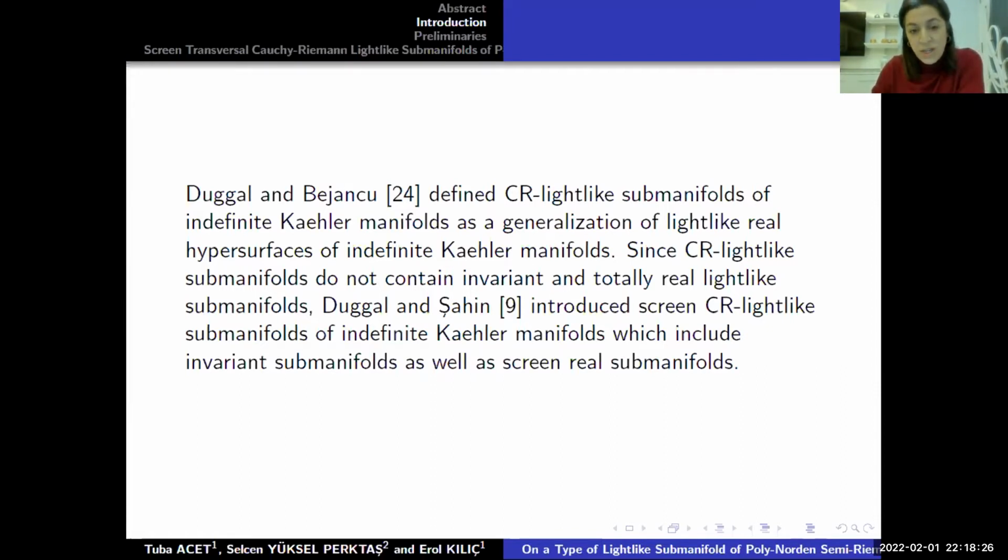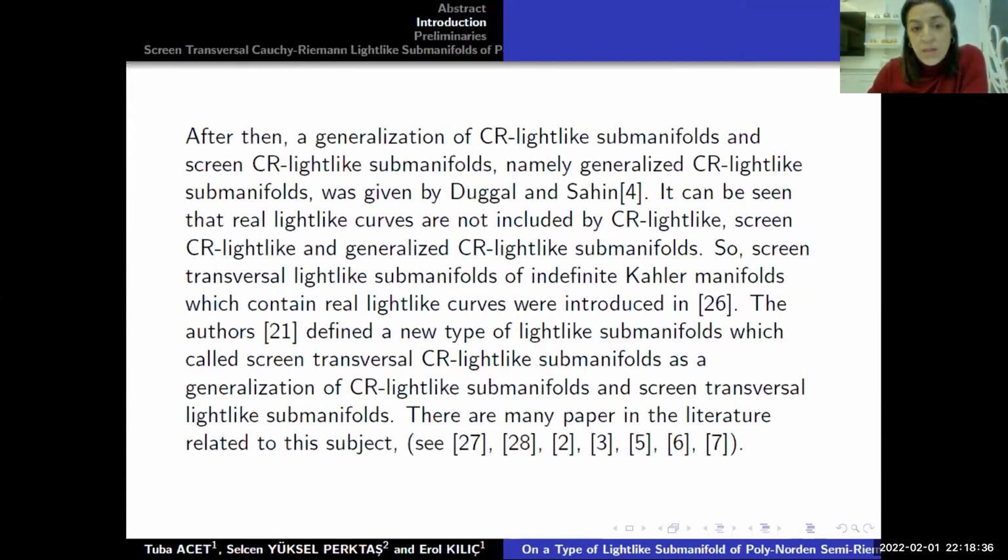So Duggal and Sahin introduced screen CR lightlike submanifolds, which include invariant submanifolds as well as the screen real submanifolds. After this definition, a generalization of CR lightlike submanifolds and screen CR lightlike submanifolds, called generalized CR lightlike submanifolds, was given by again Duggal and Sahin.